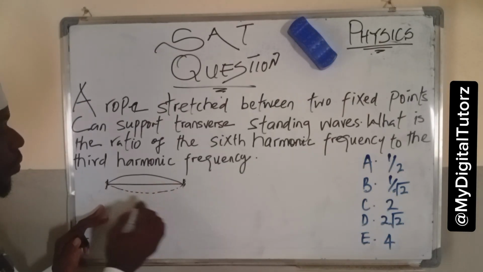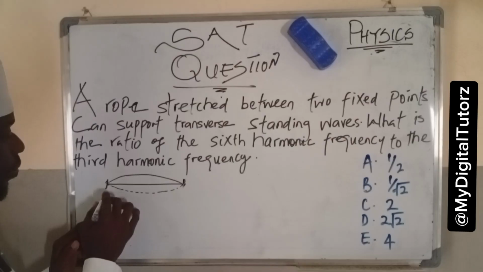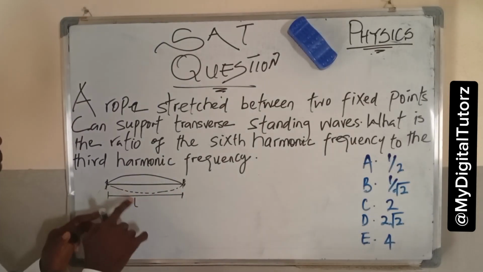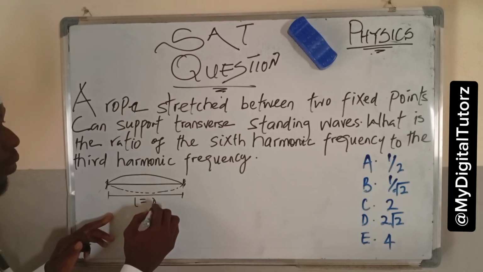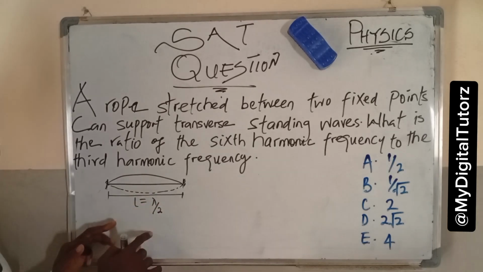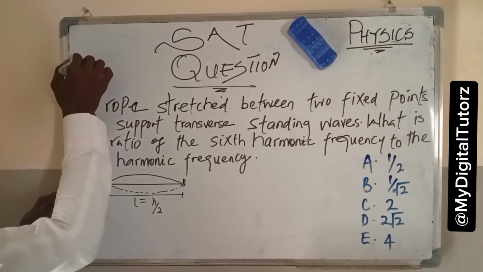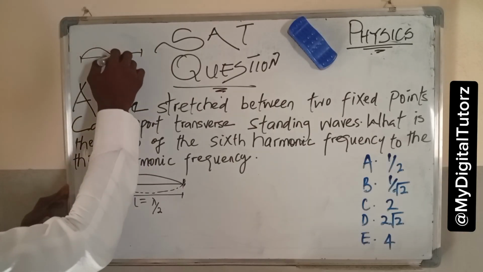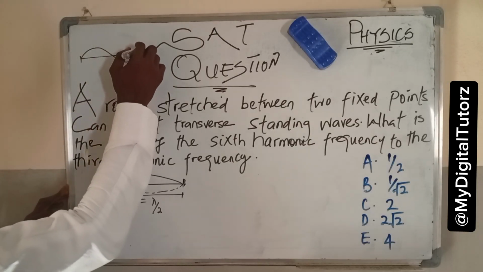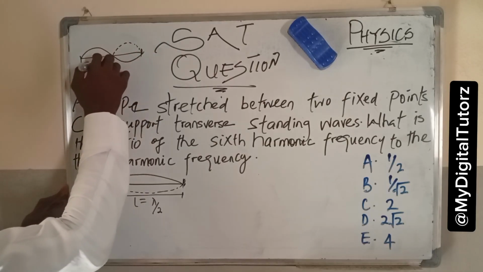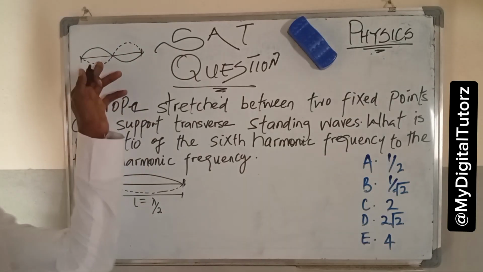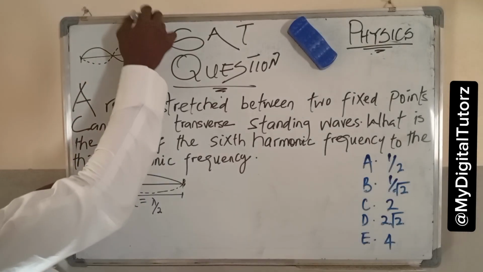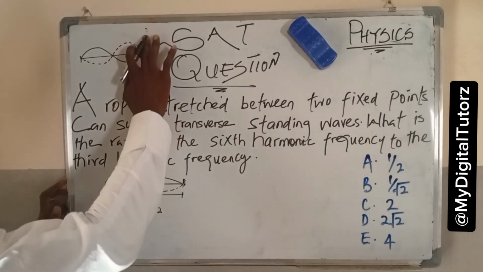This single loop, we call the length of this L, from here to here. This single loop is the same thing as half of a wavelength, lambda over 2. A full wavelength is something like this, with the incident and the reflected, like a horizontal figure 8.